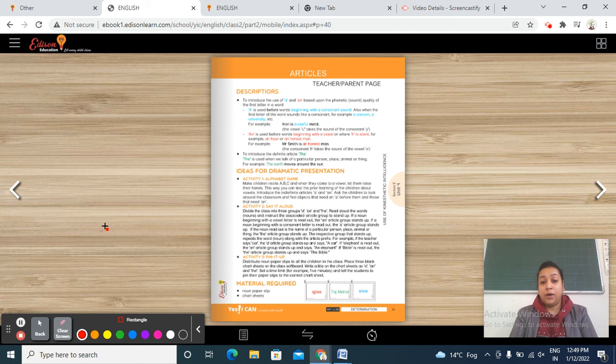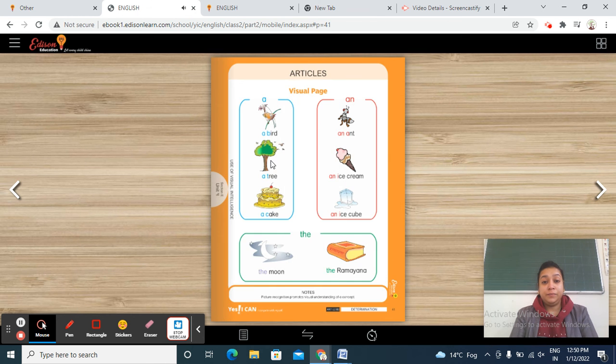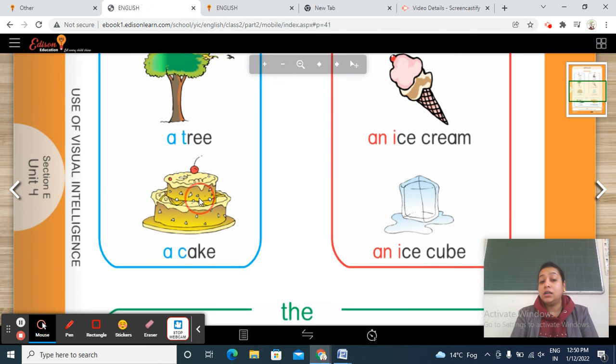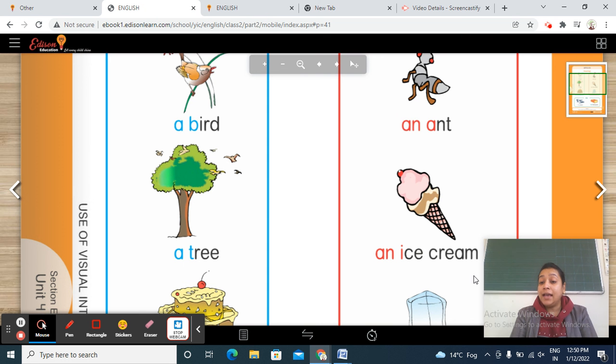read page number 41. So turn to page number 41, everyone. On page number 41, it's a visual page. A bird, a tree, a cake. An ant starting with a, that is vowel. An ice cream starting with e sound.